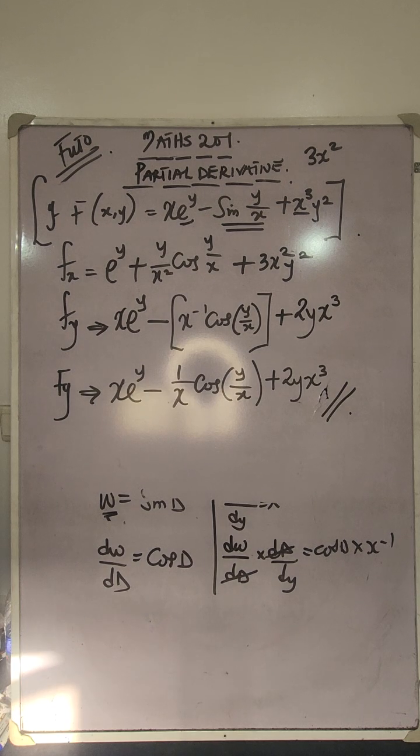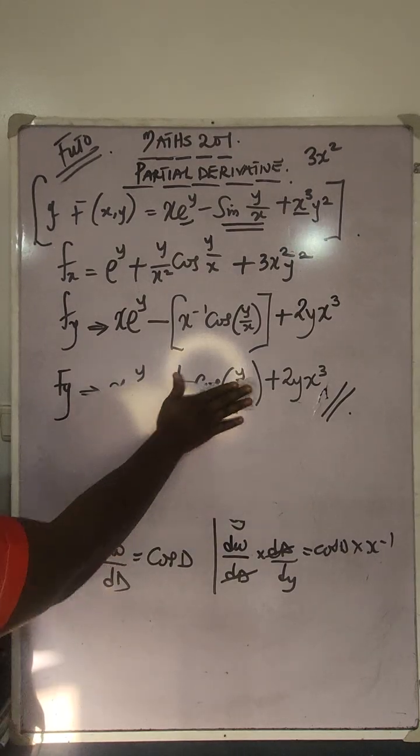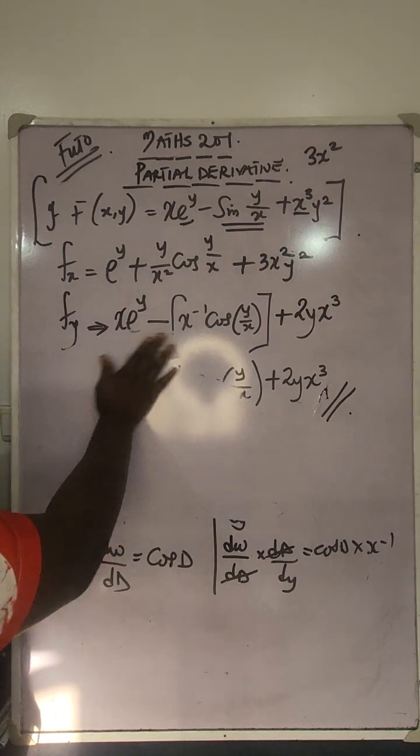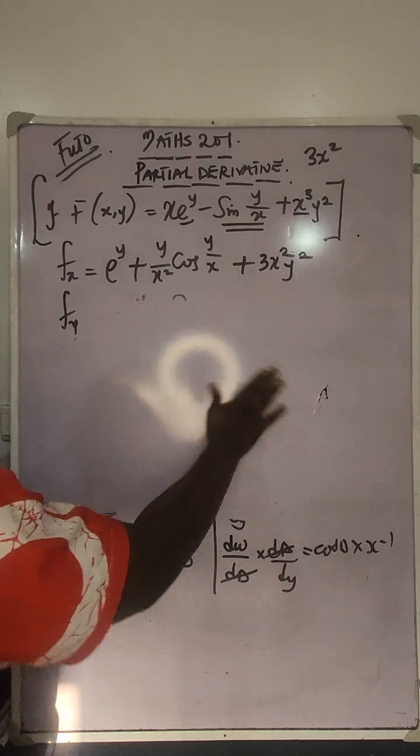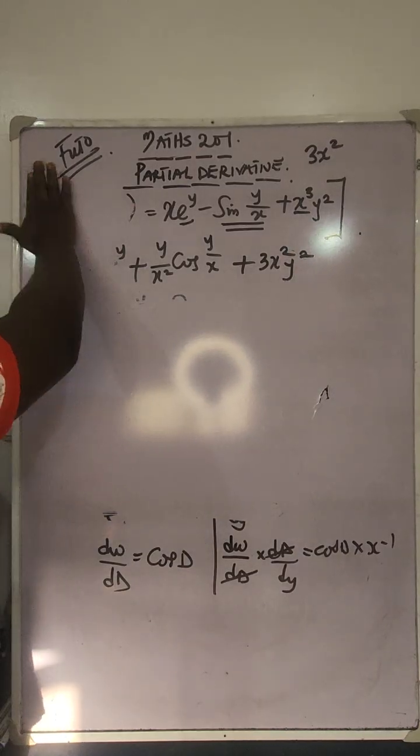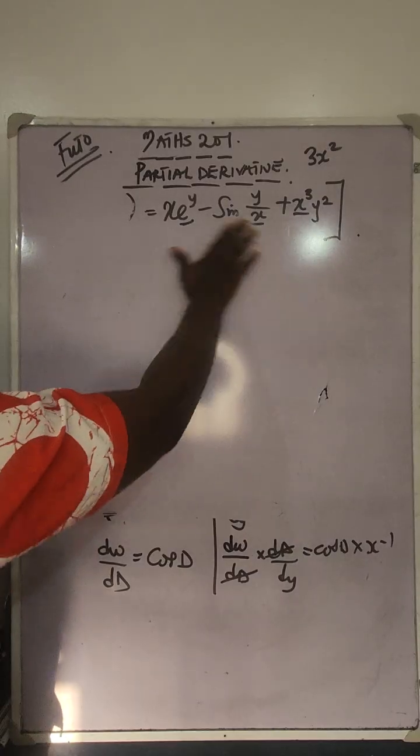All right, so let us talk about something very important in partial derivative, which is called the chain rule system.